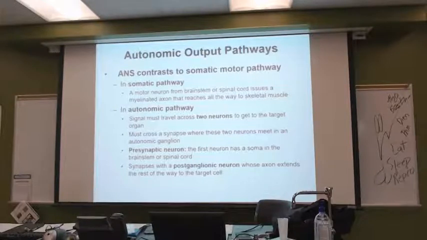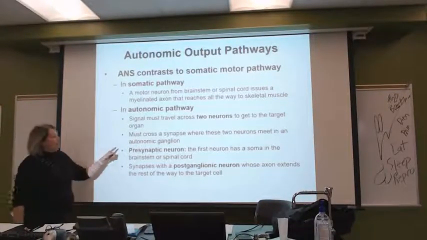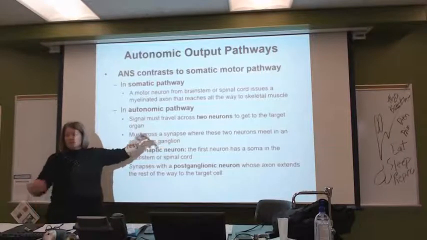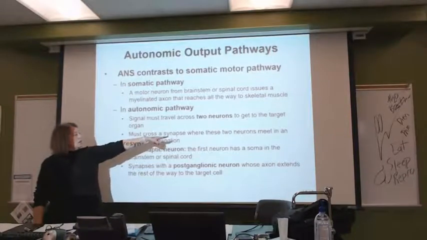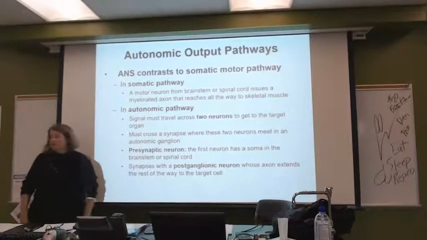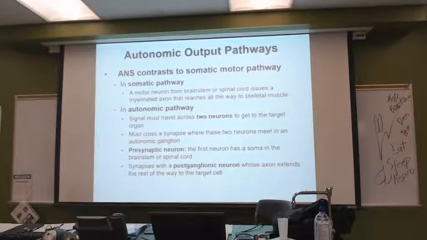So we're going to have a synapse that will occur where the neurons meet in what is termed the ganglion. And they're called autonomic because we're dealing with the autonomic nervous system.